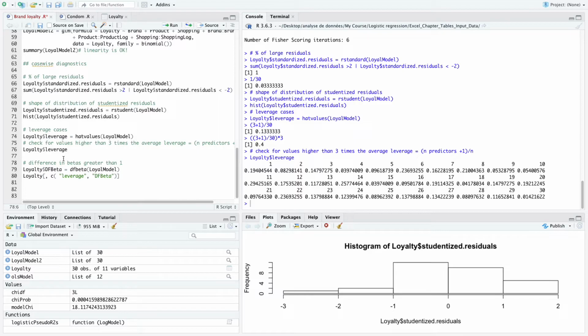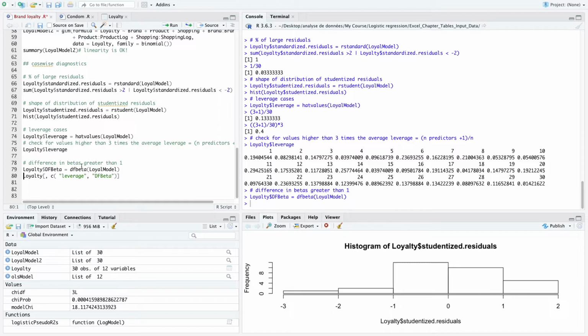R does it for each case, and we normally look at values which have differences in betas greater than 1. So the function is dfbeta simply, and it's the same as for all the different case-wise analyses: just plug the model inside the function. And these are, of course, basic functions in R.